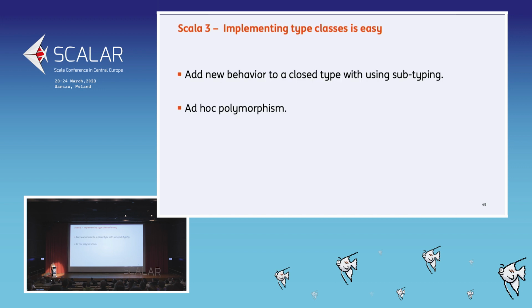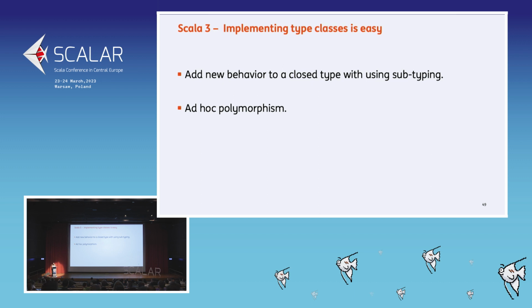But just to make sure you all are aware, type classes is basically an idea that lets you add new behavior to a type without subtyping, also known as ad hoc polymorphism in Scala. So you are trying to add a behavior to a type that is not in your control, it's outside your code boundaries or it is closed.